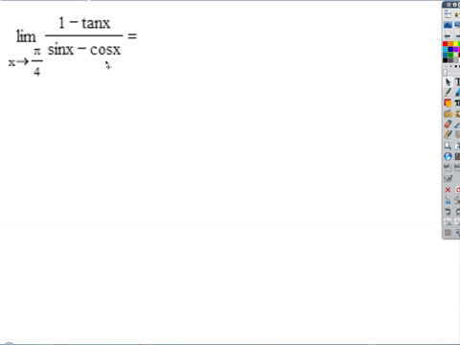Now we only have 2 special trig limits, and both of them are defined when x goes to 0, so neither one is really what we need here. This is going to be a case of trying to get some cancellation of factors. If we write down those 2 special trig limits, we had the limit of sine theta over theta as theta approaches 0 is 1.